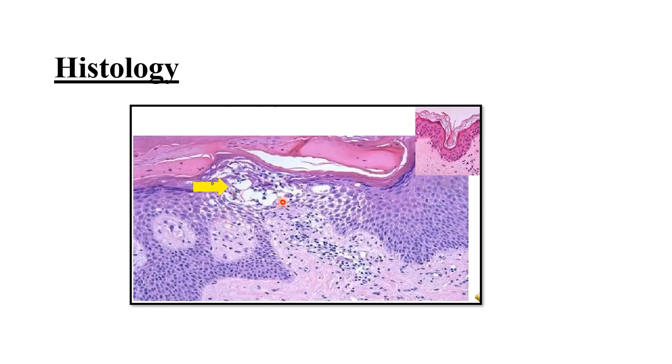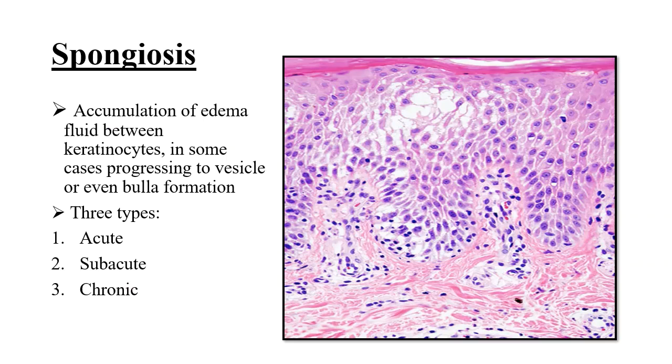Now this is how we see spongiosis in histopathology sections. So, by definition, spongiosis is the accumulation of edema fluid between keratinocytes, in some cases progressing to vesicle or even bulla formation. It is of 3 types: acute, subacute and chronic.